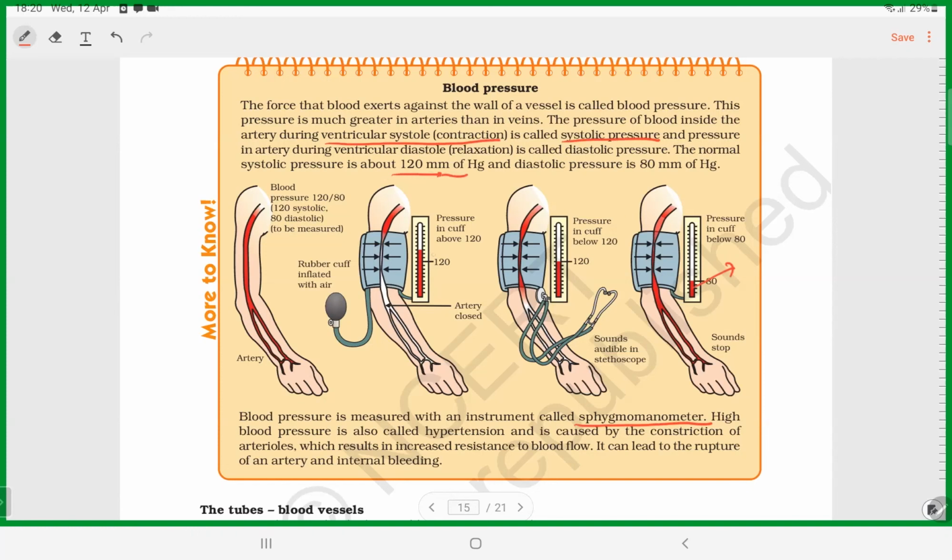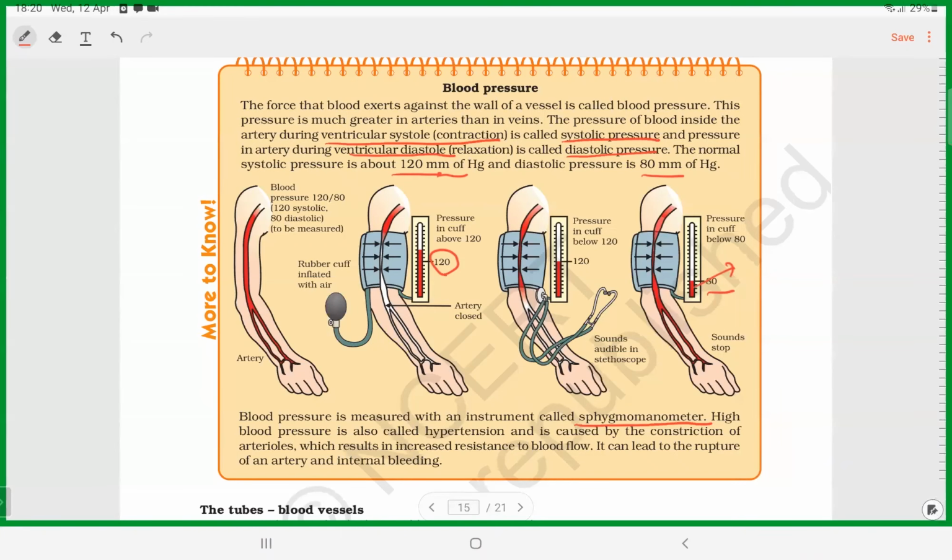Here you can see the mercury is raised up to 120 millimeters in this sphygmomanometer, and the diastolic pressure because of ventricular diastole, relaxation, is 80 mm Hg. So this is the normal blood pressure.